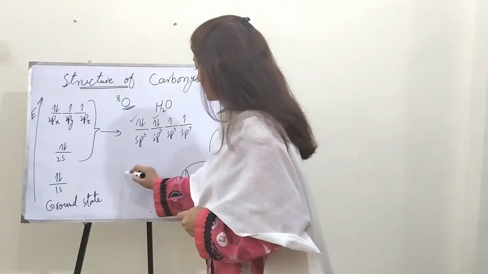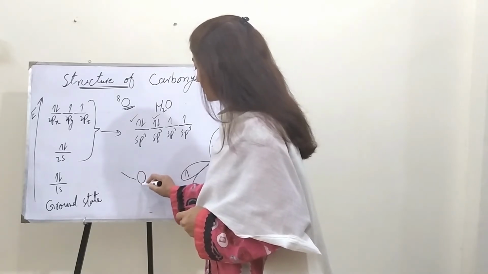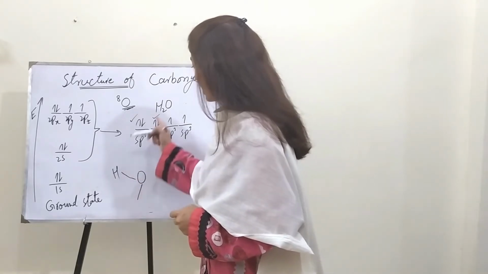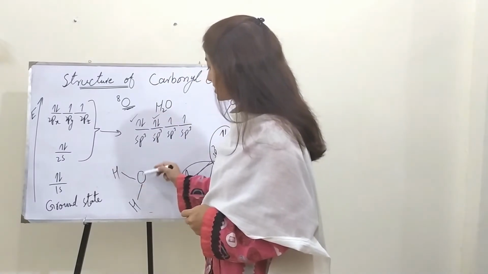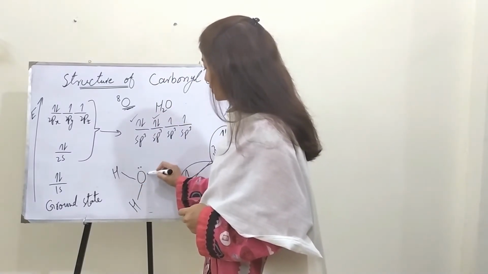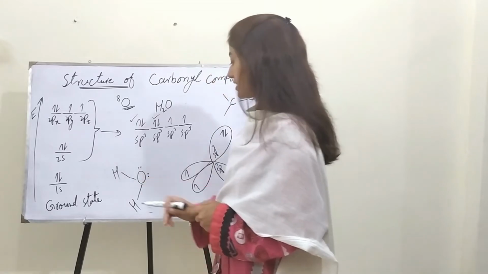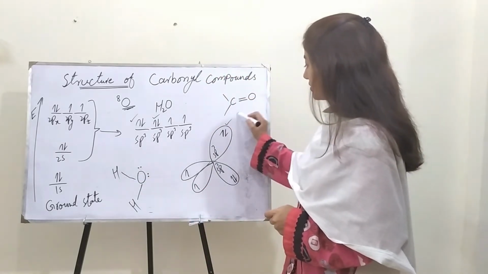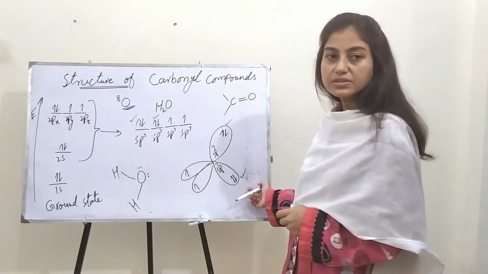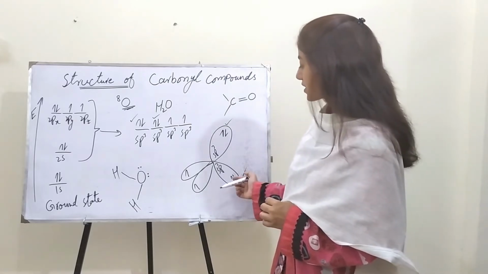As you know that in the case of water molecule, there are 2 hydrogen atoms attached with the oxygen and there are 2 lone pairs with the oxygen atom. So here there is 1 lone pair and here there is the second lone pair of electrons.